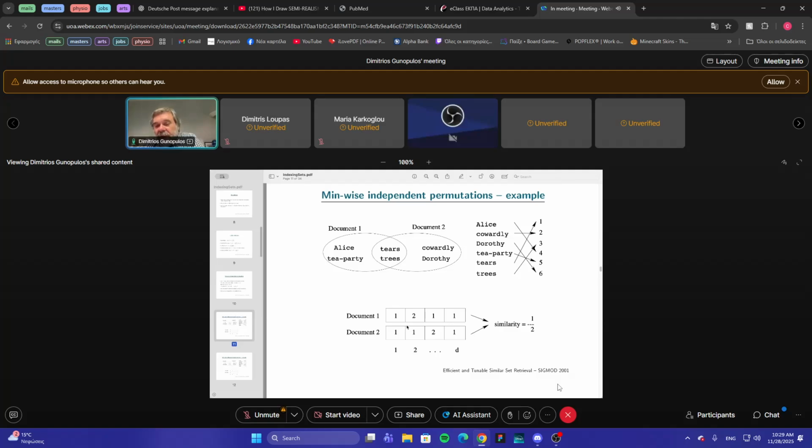After 4 random permutations, the first document has this kind of a vector, 1, 2, 1, 1. This document has this kind of a vector, 1, 1, 2, 1. And the places where they agree are 2. So they agree in 2 out of the 4, 1 out of 2, 0.5.